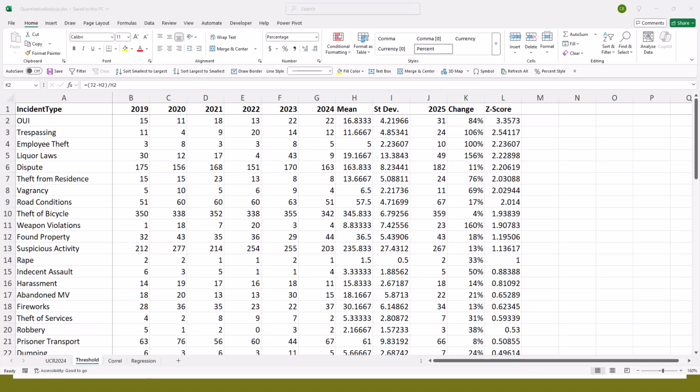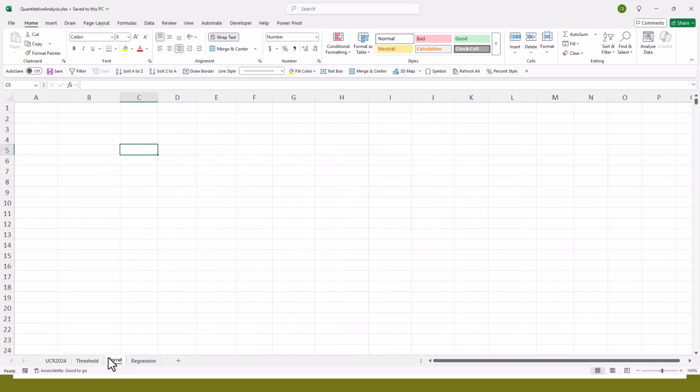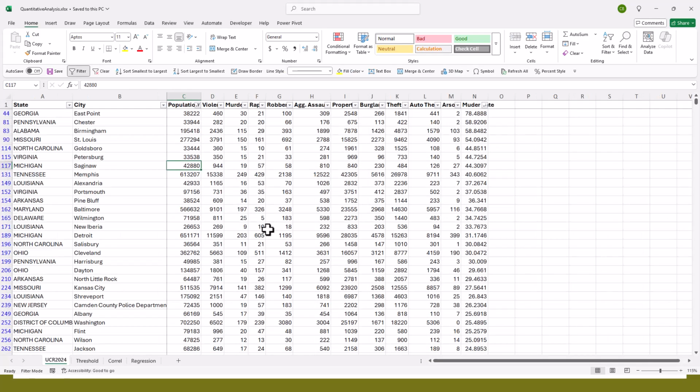All right, we're going to move on now to correlation, which shows us the relationship between variables, and specifically between ordinal or interval variables. So if you go to the tab now, it's blank. We're gonna populate this with some material from over here on the UCR 2024 page.